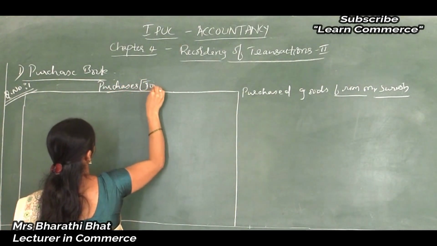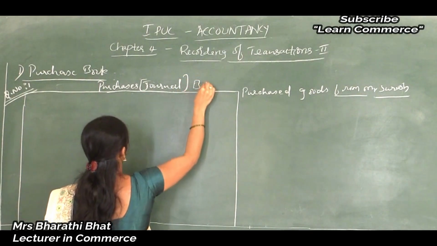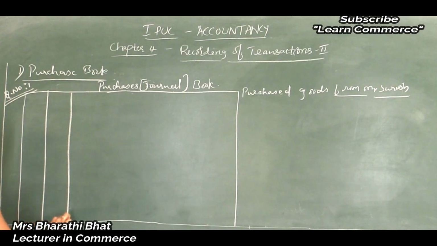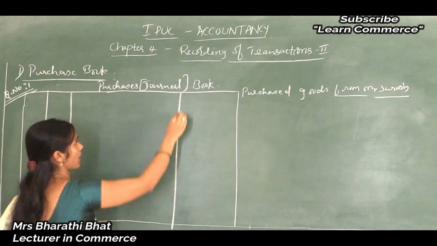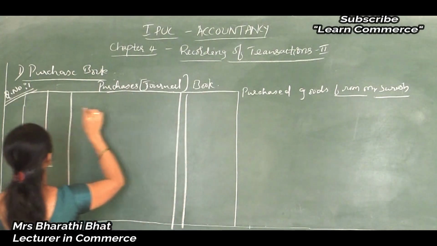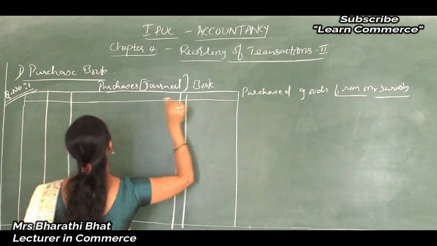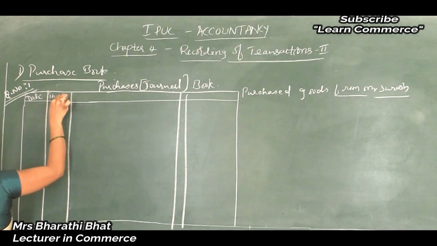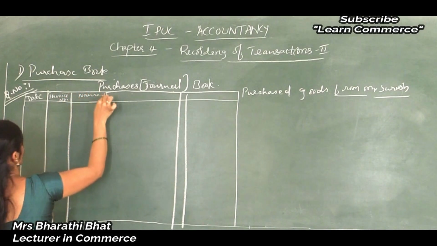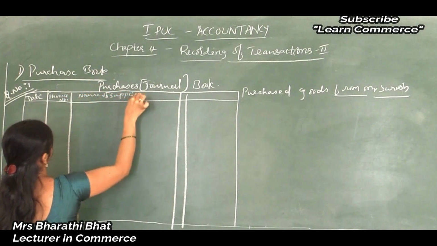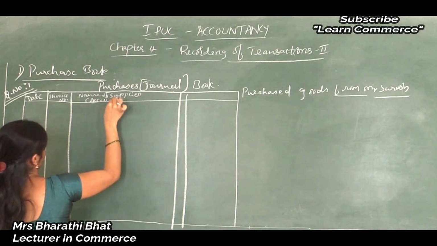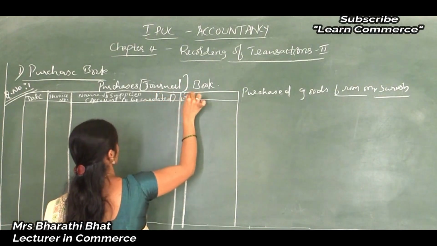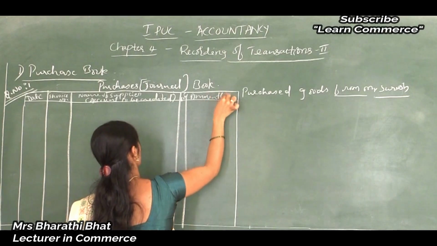I told you that you have to write journal book, and the first column to record date, the next one invoice, the next one name of supplier, account to be credited, and a small column to record LF, and the next one for amount.